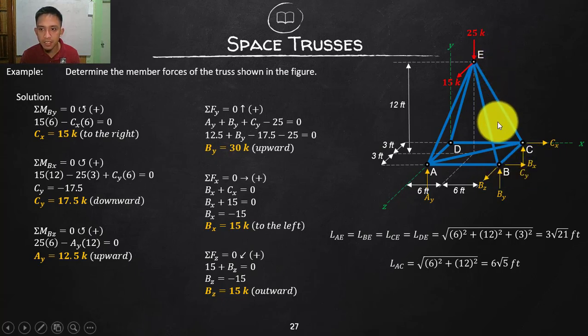The y-axis we are considering passes through point B. So this is cancelled, and so is BZ and CY. The only unknown here that has a moment is CX. And the only known force that has a moment is 15.